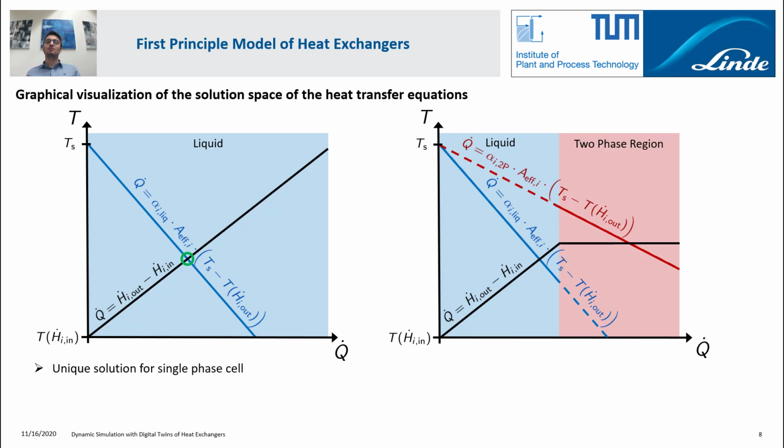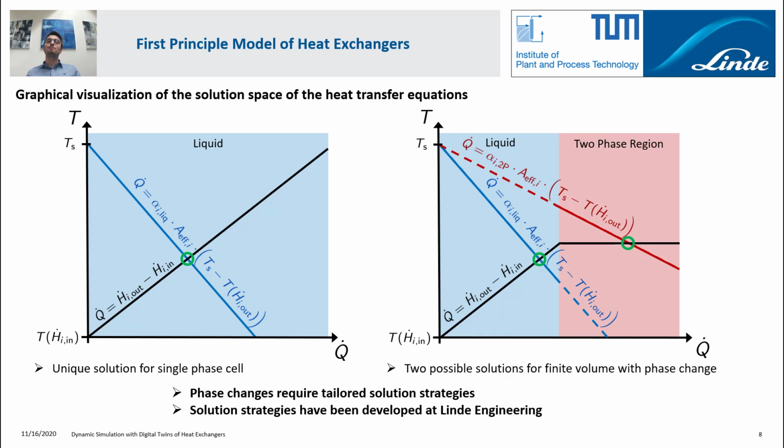Furthermore, we can plot the solution curve of the enthalpy balance, which corresponds to the temperature-enthalpy relationship of the thermodynamic equilibrium of the process fluid. There's the characteristic kink at the phase change. This time we have two valid solutions for the finite volume with the phase change.